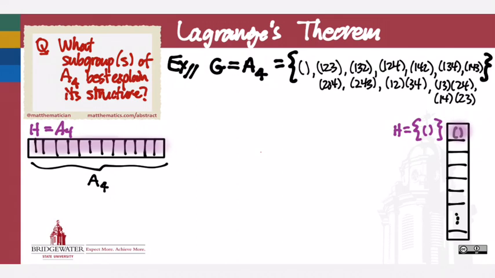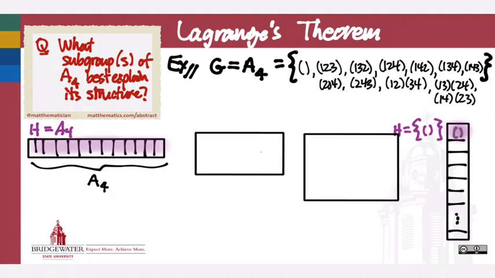So what we'd like to do is see if there is a different way to arrange rows by columns. Given that the order of my group here is 12, what are some options for what the dimensions of my little array could be? 3 by 4 is an example. If I can somehow arrange the elements into 3 rows and 4 columns, I'm going to draw it that way.